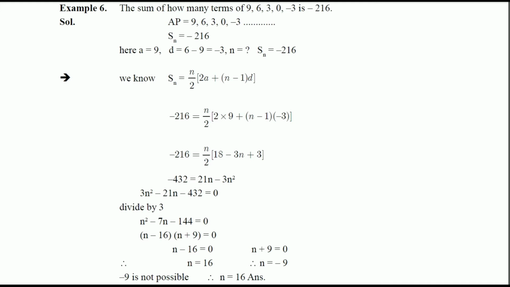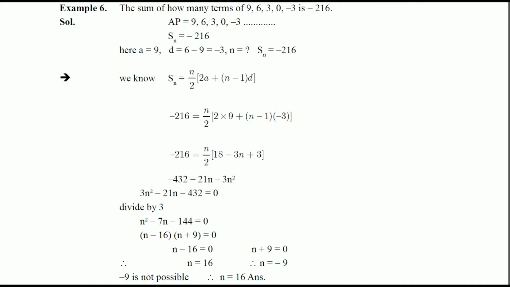Opening the bracket, we have -216 equals n by 2 bracket 18 plus -3n, then minus 1 into -3 gives plus 3.